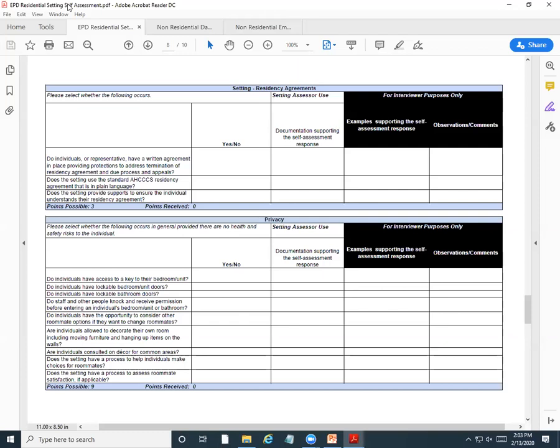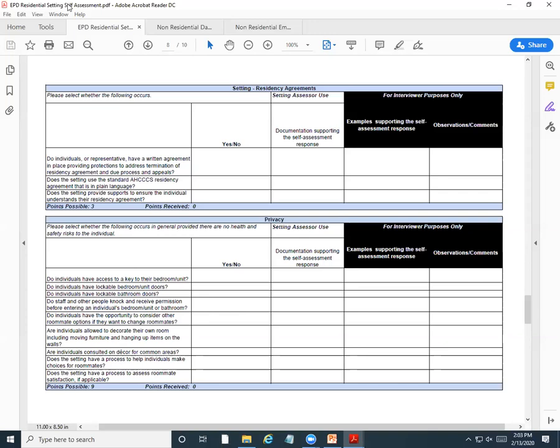Do individuals have lockable bedroom unit doors? And do individuals have lockable bathroom doors? Do staff and other people knock to receive permission before entering an individual's bedroom or bathroom? Do individuals have the opportunity to consider other roommate options if they want to change roommates?